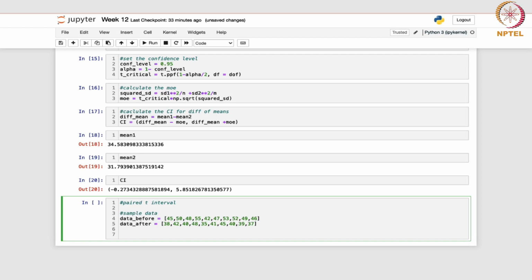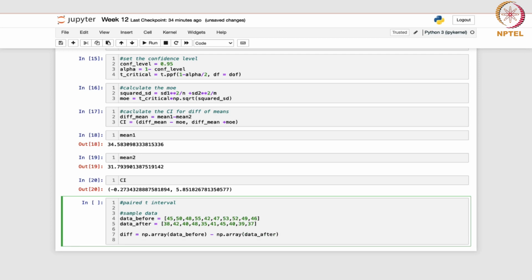Now we can calculate the differences. So differences would be np.array, numpy's array. So basically it is converting the list that we have defined over here into a numpy array. We will write np.array of data_before, taking the difference between this and np.array of data_after.